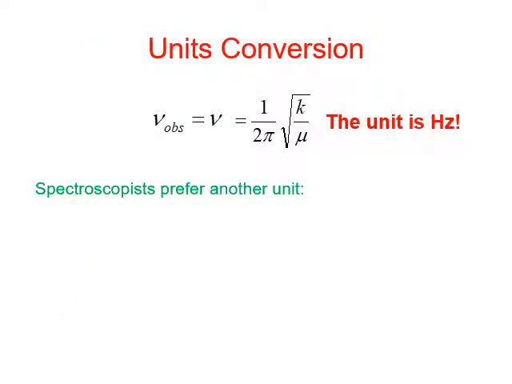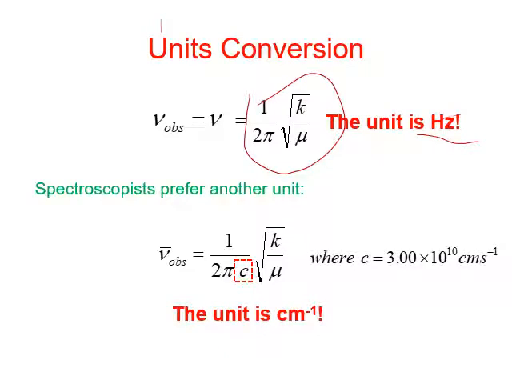One thing I want to mention is the unit of the frequency. When we use this equation to calculate either the natural frequency or the absorption frequency of light for vibration, the unit is in hertz. But the spectroscopist prefer another unit called inverse centimeter. So how do you find inverse centimeter?